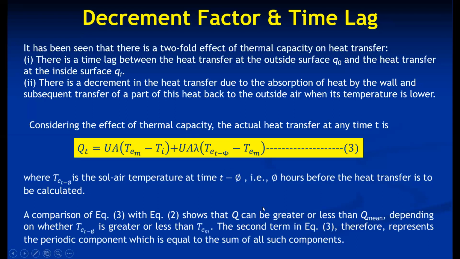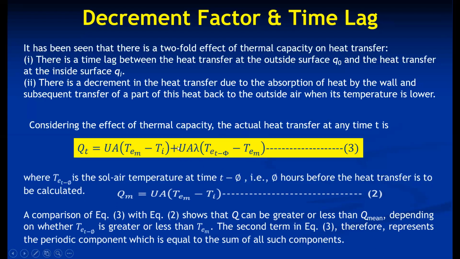If we compare equation 3 and equation 2, it shows that the instantaneous heat transfer Q can be greater or less than the mean heat transfer rate, and that depends on the second term.